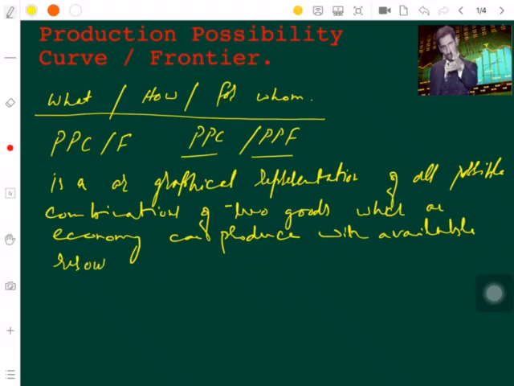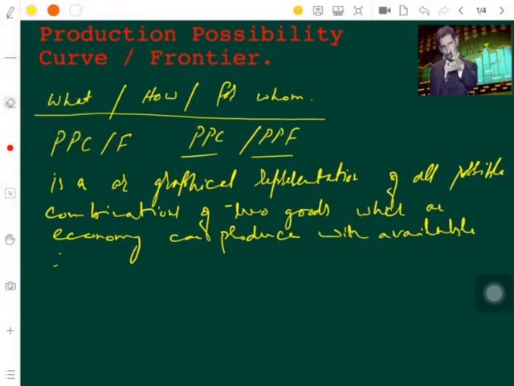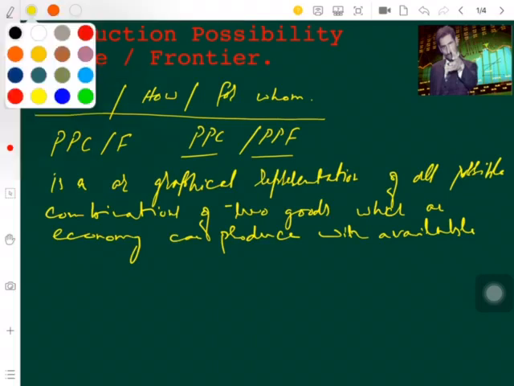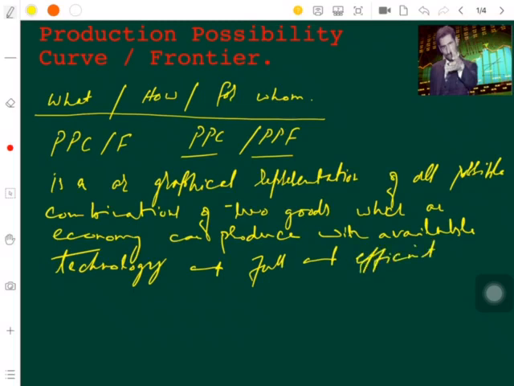We'll club all this into only one thing. We'll write it with available technology, as it is also in the proper definition, and given resources. Full and efficient use of given resources.